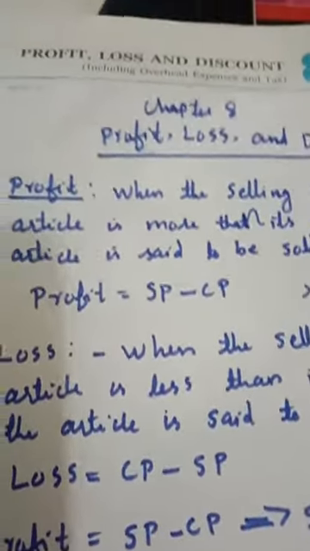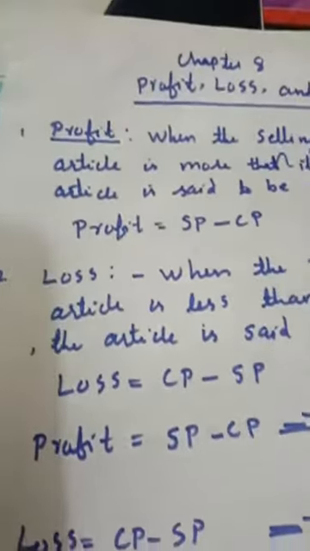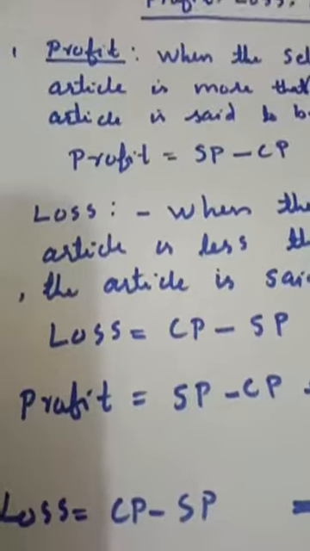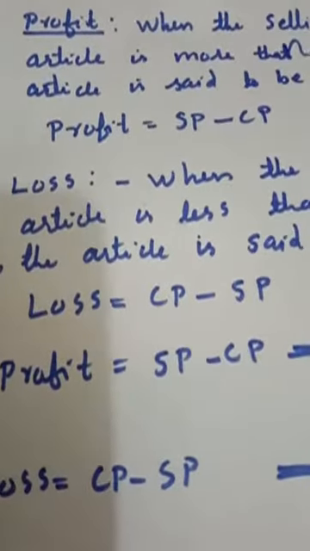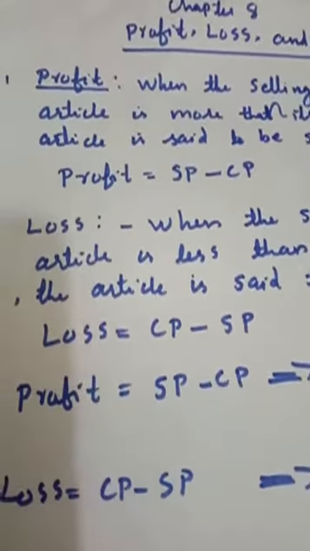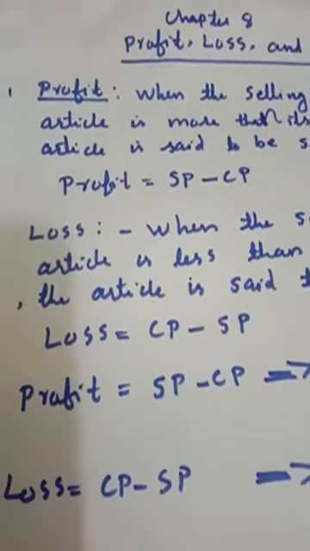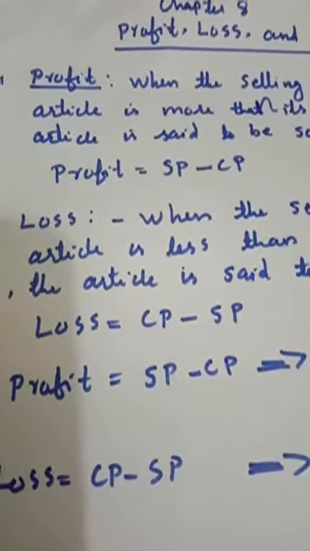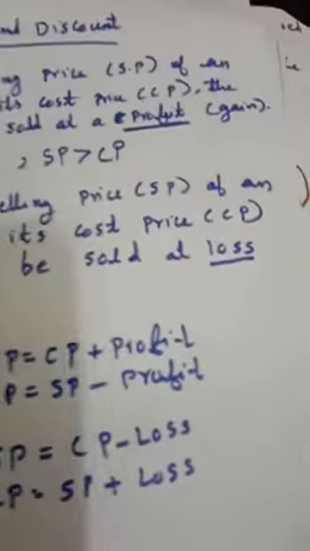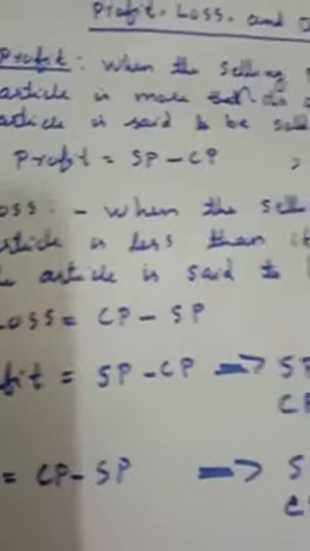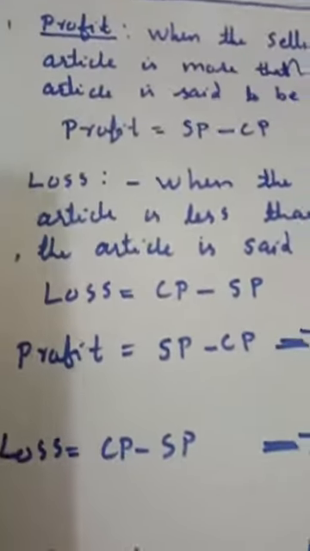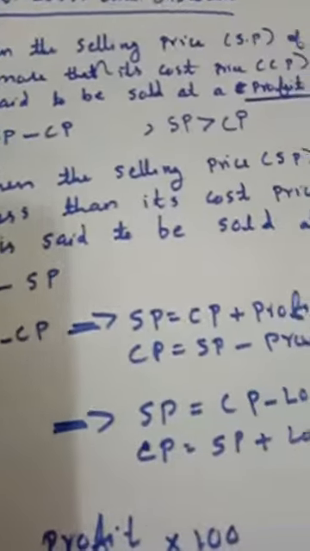Now what is loss? Loss means when the selling price is less than the cost price. When the selling price SP of an article is less than its cost price CP, then the article is said to be sold at a loss.